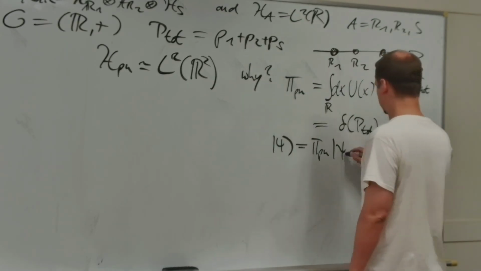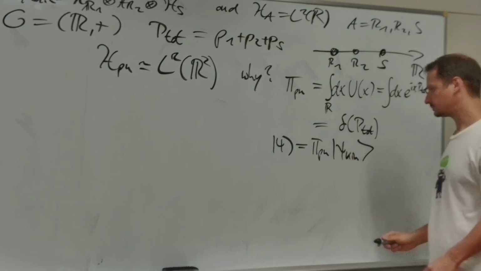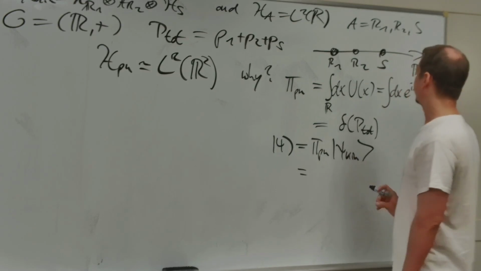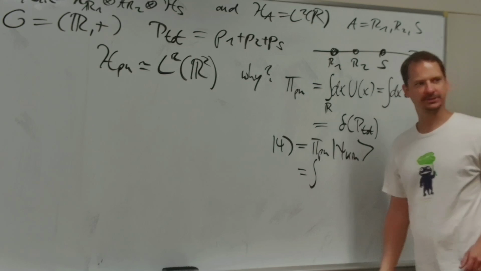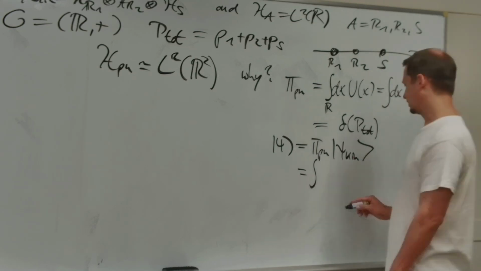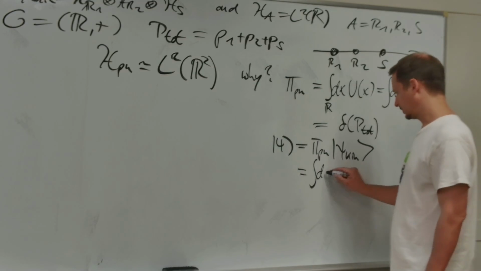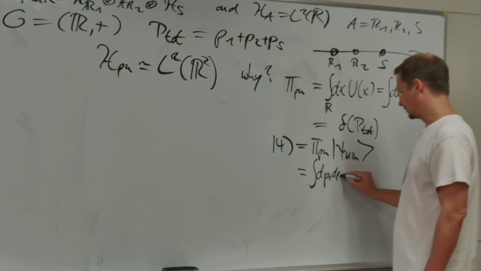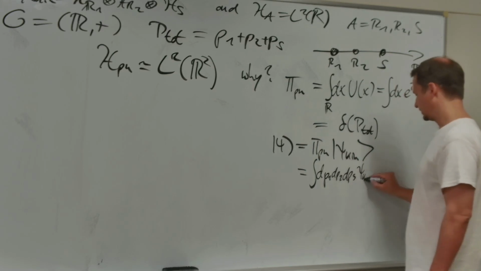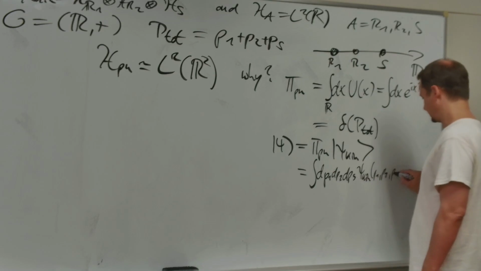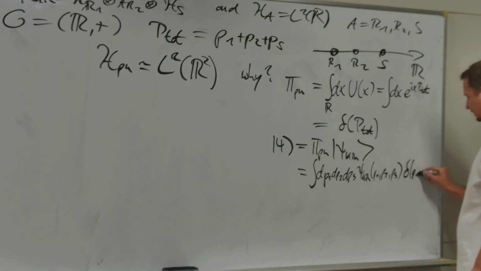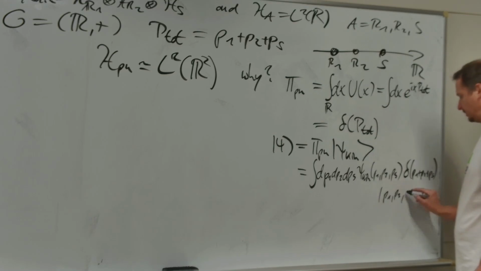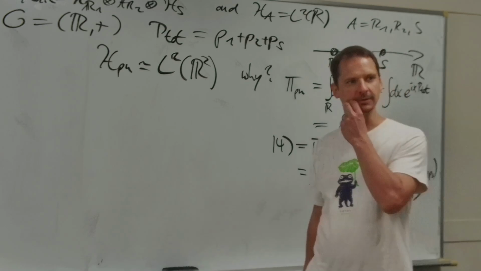And I can formally write down some physical state as pi_PN times some kinematical state. I can simply take the momentum representation of the state, with |p1, p2, pS>. Then pi_PN is just the delta function, p1 plus p2 plus pS, acting on |p1, p2, pS> in the momentum representation.